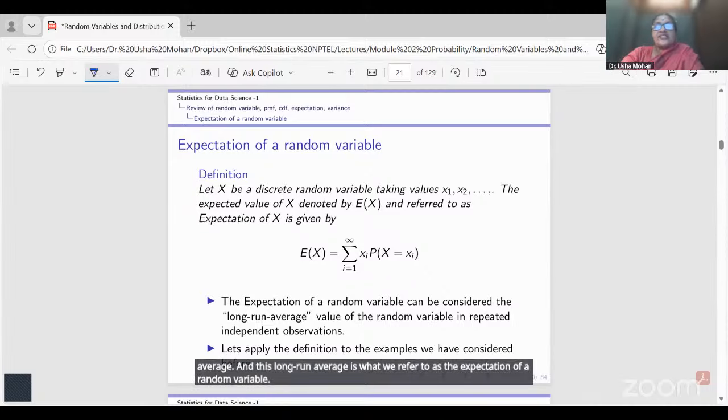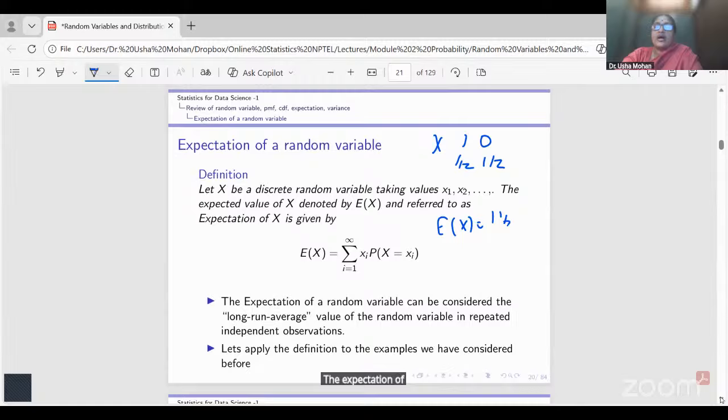If X takes the value 1 and 0 with probability half and half, the expectation of X is 1 into half plus 0 into half, which is half. It doesn't mean that this random variable is going to take the value half, but only that it is the long run average of the value of the random variable.